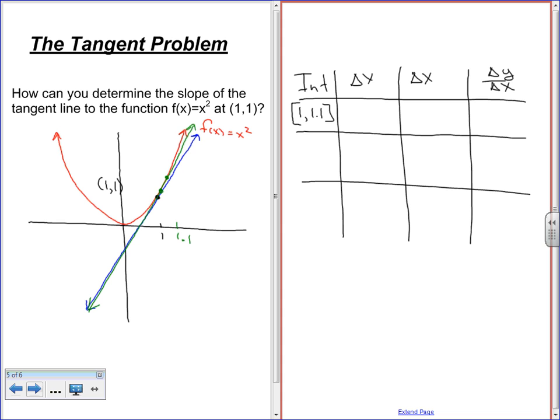Just in case you forget, I'll put this in the note. To get these answers, you would take f and substitute 1.1 into it and subtract off f at 1. You get that answer. Then you take 1.1 and subtract off 1 to get that answer. Then you would do it all over again, but you'd move the point closer to get a better estimation of your slope. And finally, the last one I'm going to expect you to do is the third one where you get 0.00.